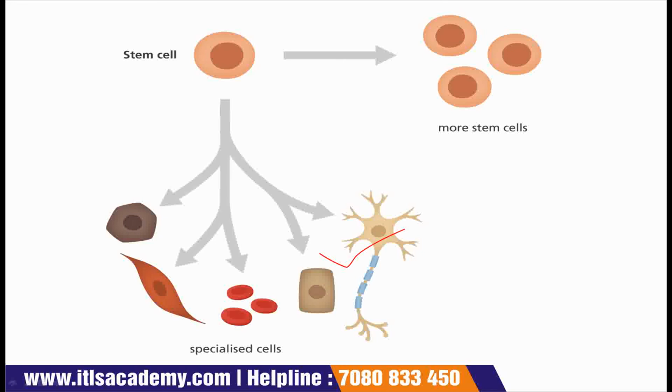You can see this is a nerve cell, this is RBC, muscles, and many other kinds of cells can be formed by the division and differentiation of the stem cell. So we can see that stem cells are the root of any kind of cell differentiation.